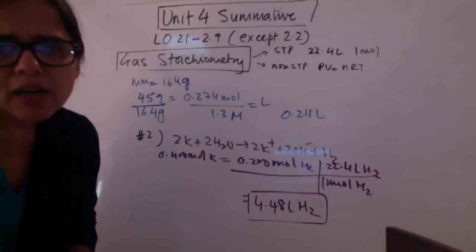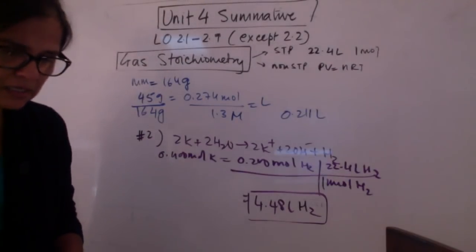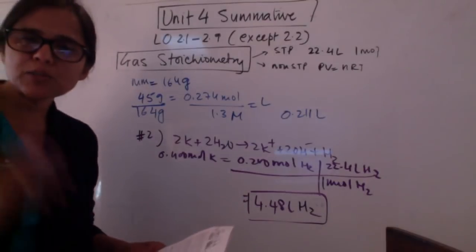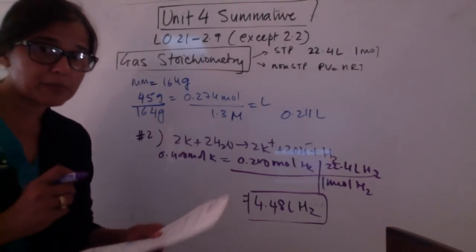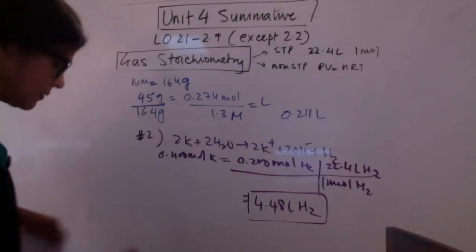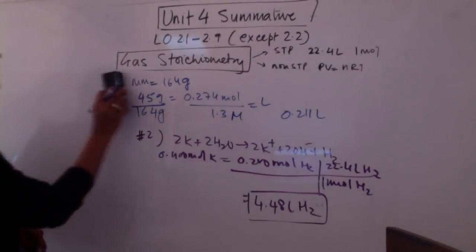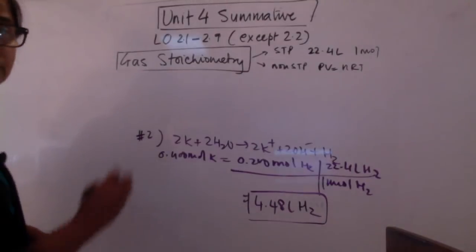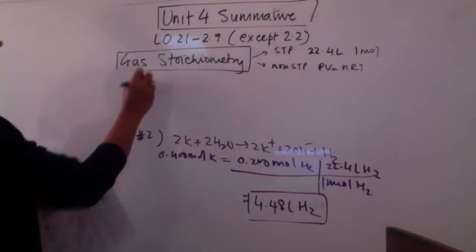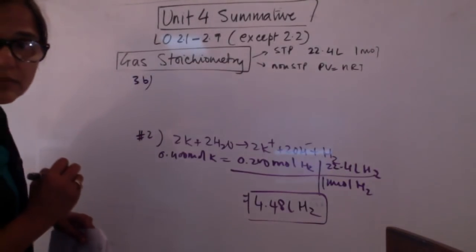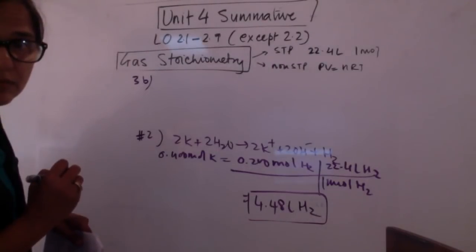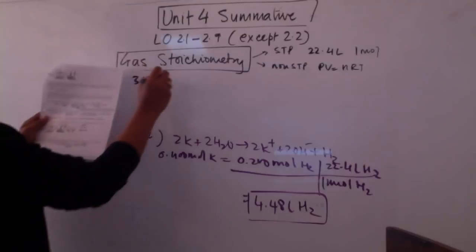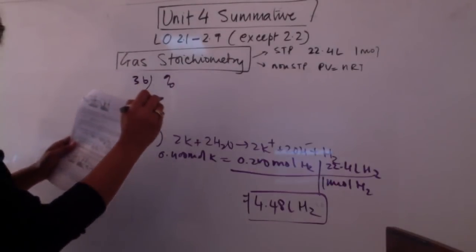Okay, Sarah, 3B and C. 3B, calculate the percent yield. And Sarah, can you specifically ask what was the problem in 3B? Is it the formula? Is it calculation? Or you're not getting the answer? So 3B, I'm just going to go ahead.